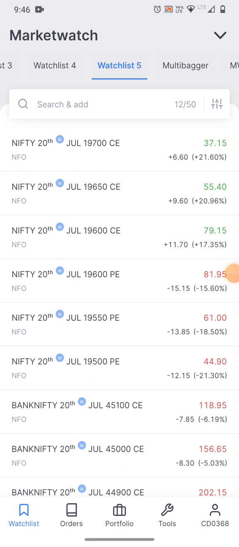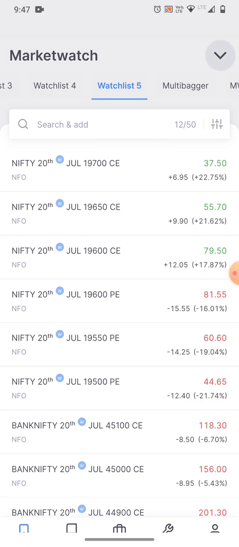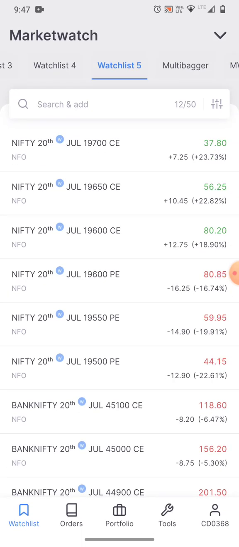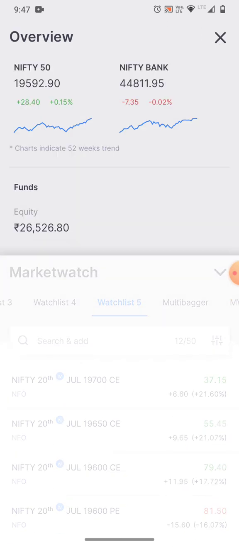After a few analyses, we are getting a good feeling that the market will eventually go up, because of all those global cues and everything considered, and also because Bank Nifty is weak, of course, but there is good support around 44,600 to 700.